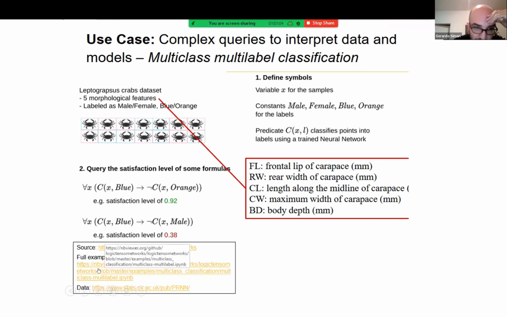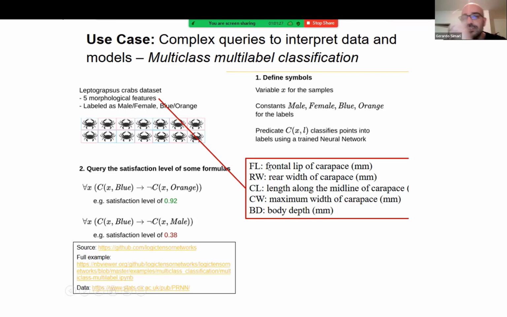Here in this case, I have the full example, and the data is from a well-known repository of data, and here they're trying to do multi-class, multi-label classification of a kind of crabs, where they have 5 morphological features.